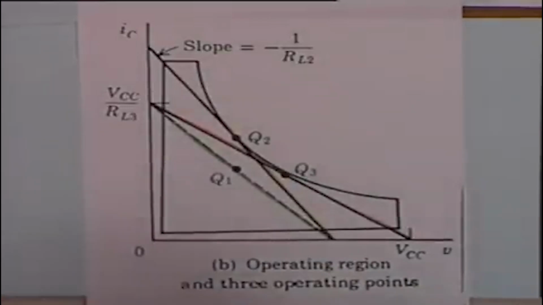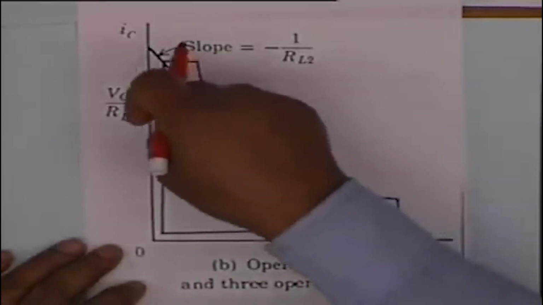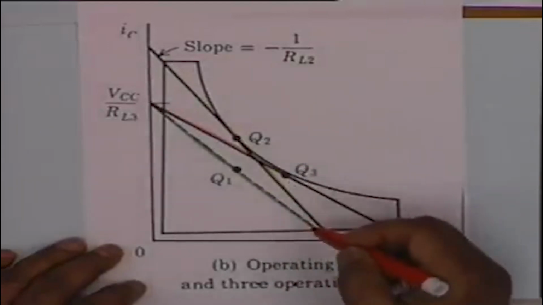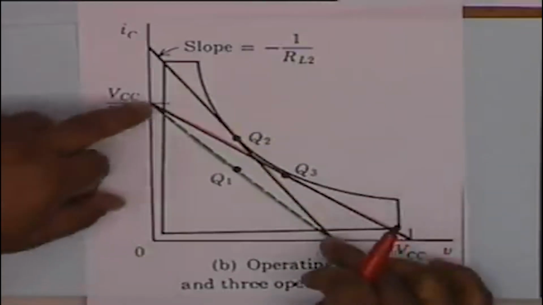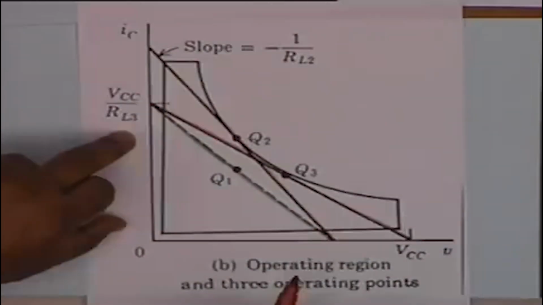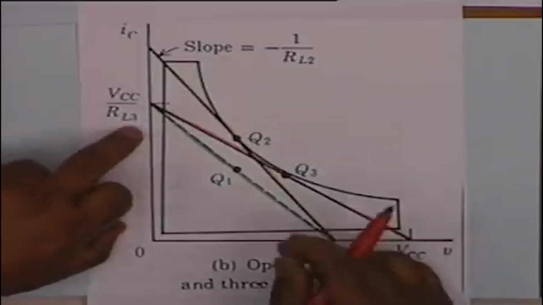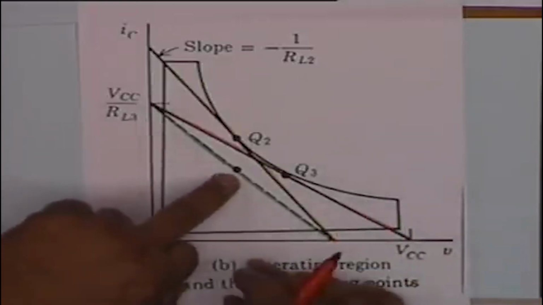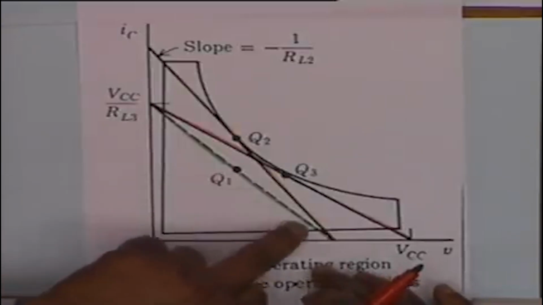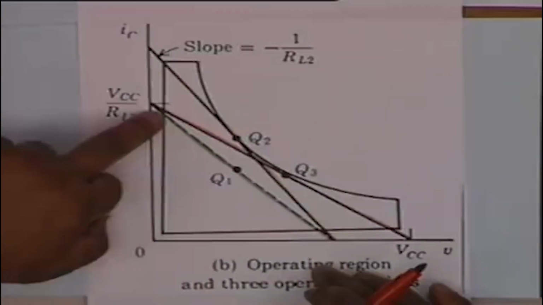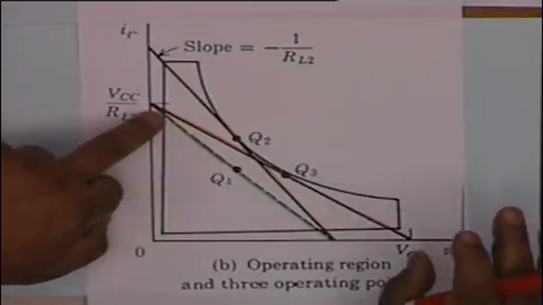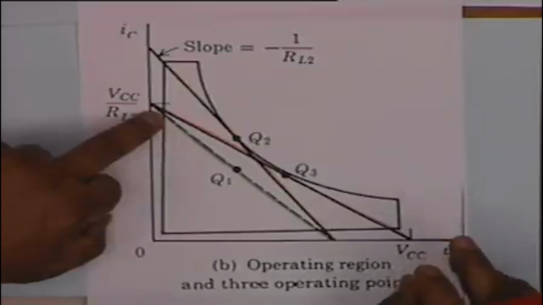Now, this line, the green line, is well within this boundary. It's a safe operation. You can put your Q point here, and then you can swing the current and voltage right from this point to this point. But that does not take account of the needs of a power amplifier.